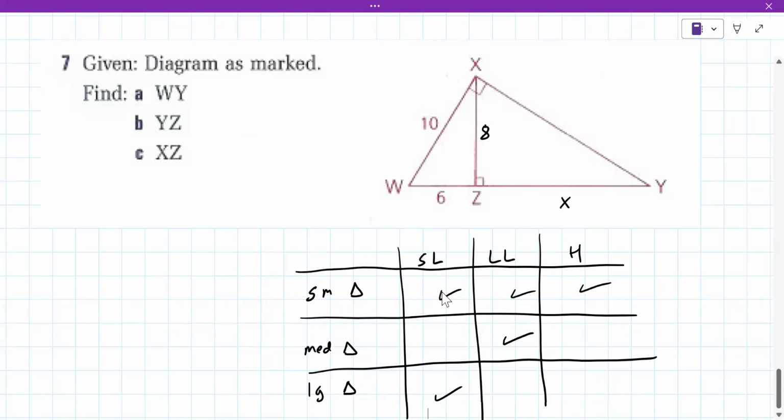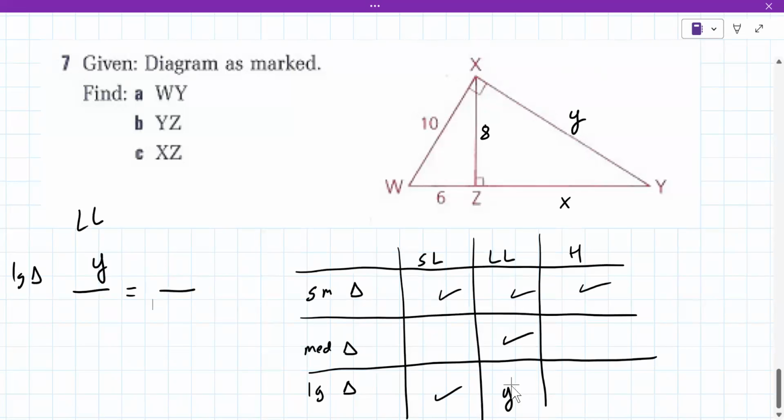Do you see how you have the short leg and long leg of the small triangle, but not the long leg of the large triangle? You could find the long leg of the large triangle. Let's call that Y for the moment.